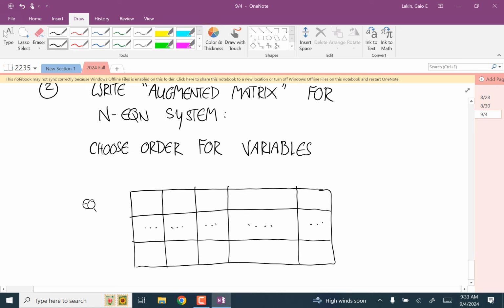These are the equations. The rows going across represent the different equations, so there'll be n of those. The columns represent the variables in the order that you chose, and there'll be n of those variables, and then there'll be an n plus 1 column that is the constants.